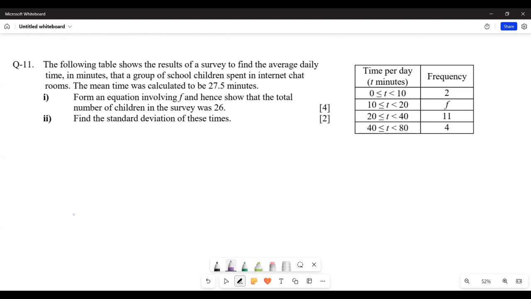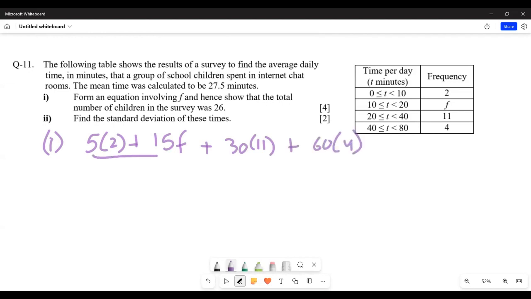So we're given the mean, so we're going to use the mean formula, same as O levels. Midpoint times frequency plus midpoint times frequency plus midpoint times frequency plus midpoint times frequency divided by the total frequency, 2 plus f plus 11 plus 4, equals 27.5.